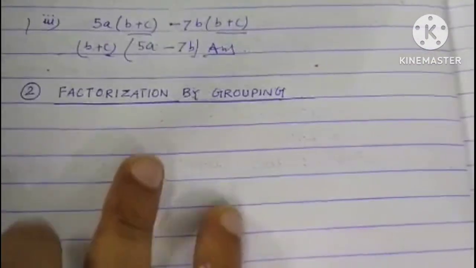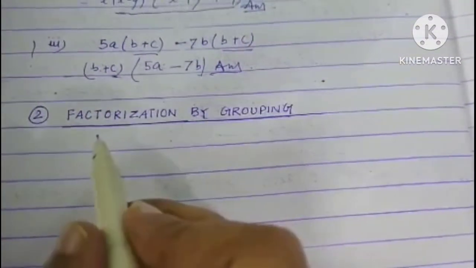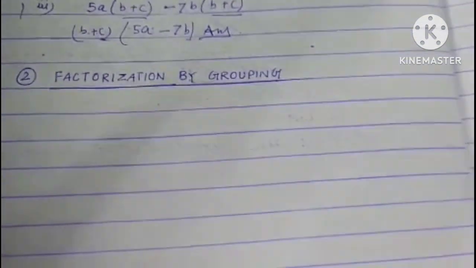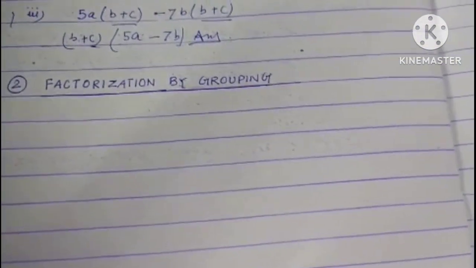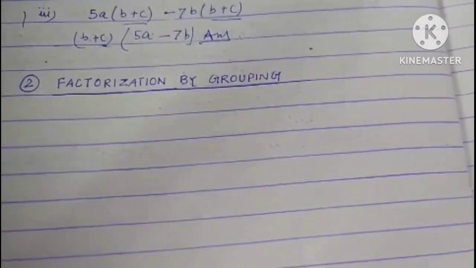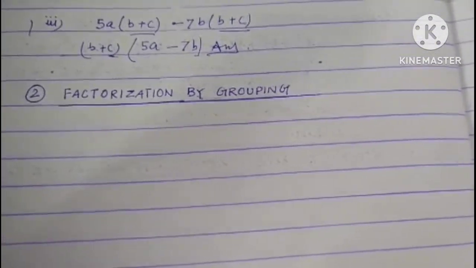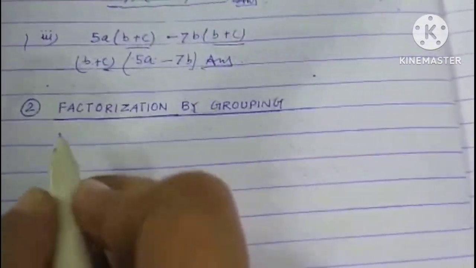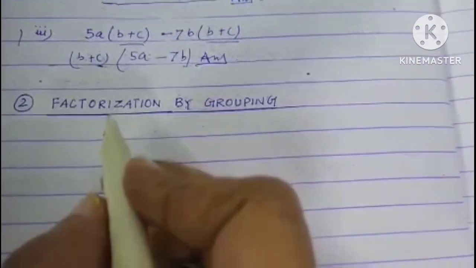Okay, so let us check the second type of factorization, and the name is factorization by grouping. So what happens, sometimes in an expression it is not easy or it is not possible to take out a common factor. So what we do is grouping.